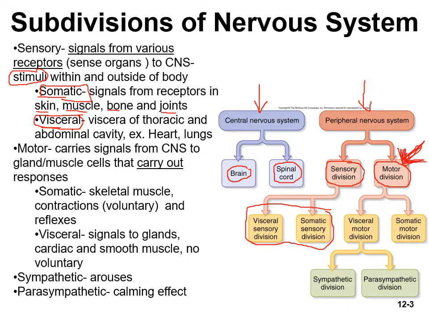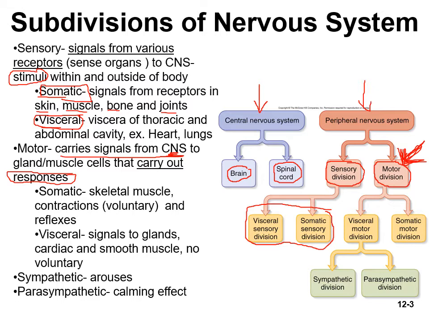And the motor division, as you can see, is going to carry out the signals from the central nervous system. It's going to be responsible for producing the response that you require. And once again, we're going to have two divisions.